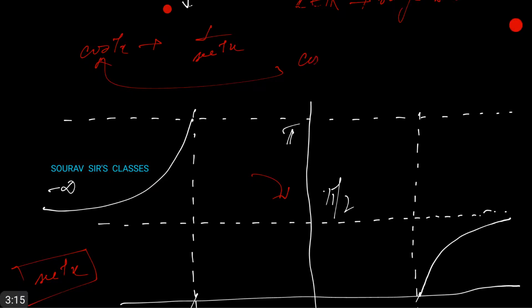We say that cos x is even, and so cos inverse x, the inverse of an even function, is always even. So cos inverse x is even, and therefore sec inverse x is even.